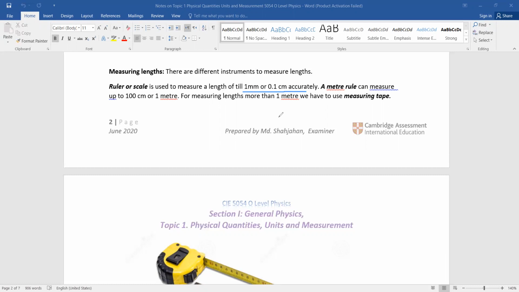If the length is smaller than that, like you have to measure less than 1 millimeter accurately, which instrument will you use? Less than 1 millimeter will be micrometer. There is another one, vernier calipers, right? Yes, with vernier calipers you can measure 0.1 millimeter accurately.